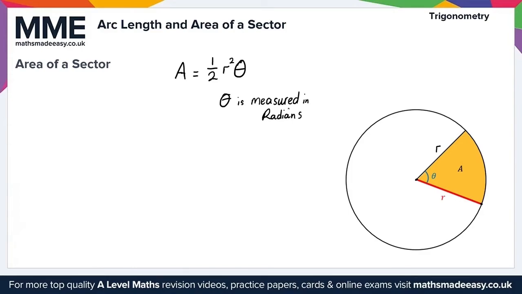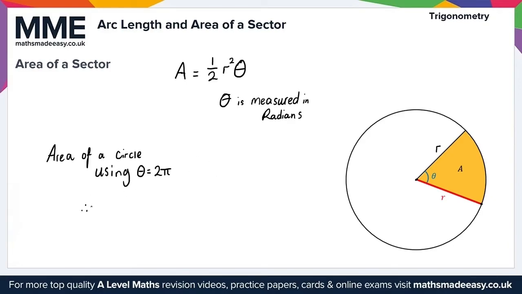Now we can also extend this result for the area of a circle. Using the fact that theta must be equal to 2 pi if we want the area of a circle, we're just going to substitute theta into our formula for the area.